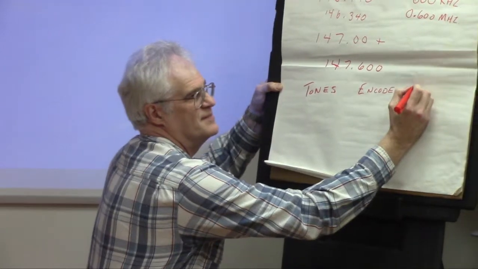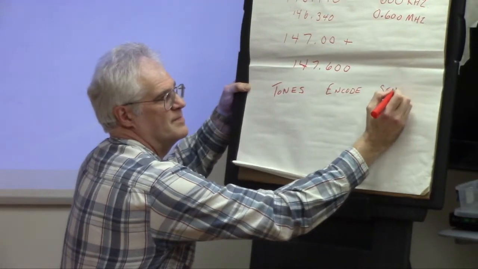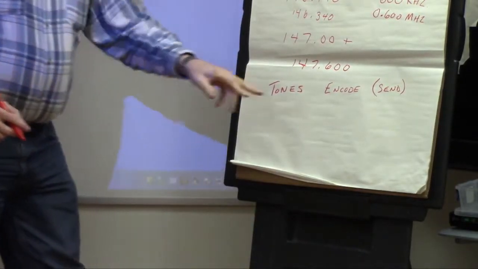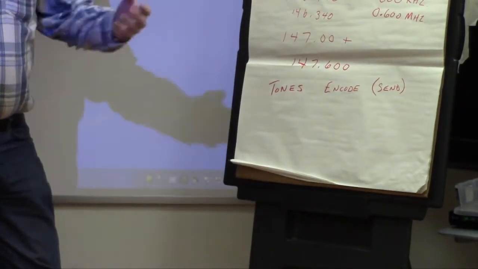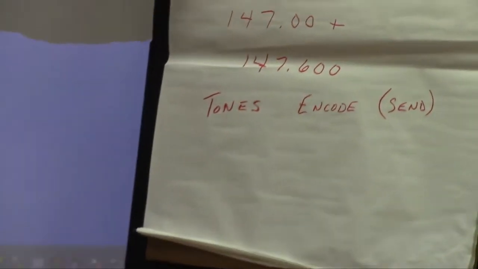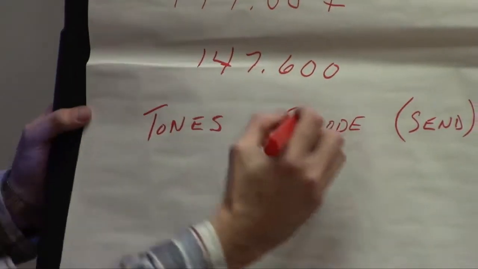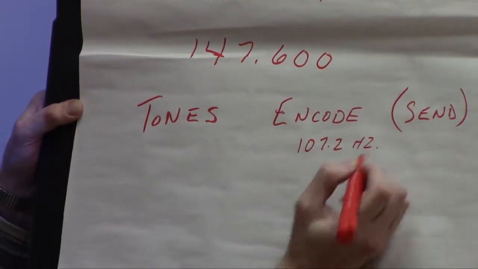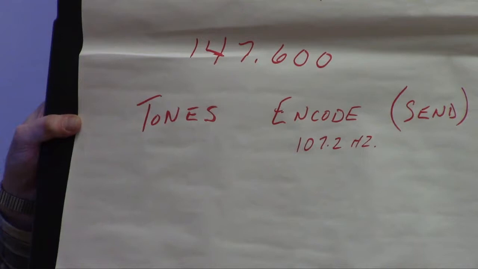That means when we turn on the encode function or the tone function in most radios, we're going to send that subaudible tone. In our case here, we're going to send 107.2 hertz with every transmission.